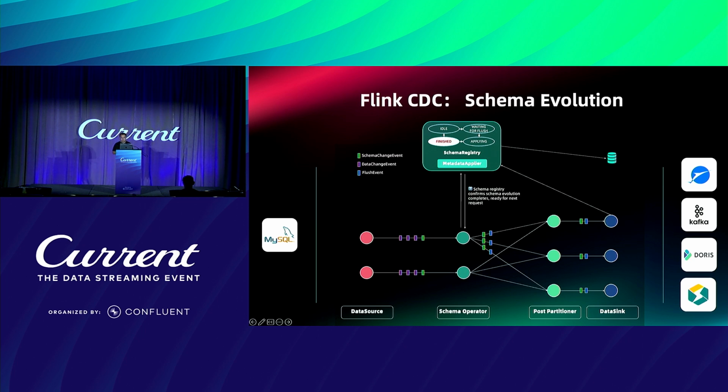And at the end of a schema evolution process, schema registry will confirm whether this round of schema evolution is finished or not, and change its state to idle. After schema registry confirms the schema evolution finished, its state will become idle and ready for the next schema evolution request.